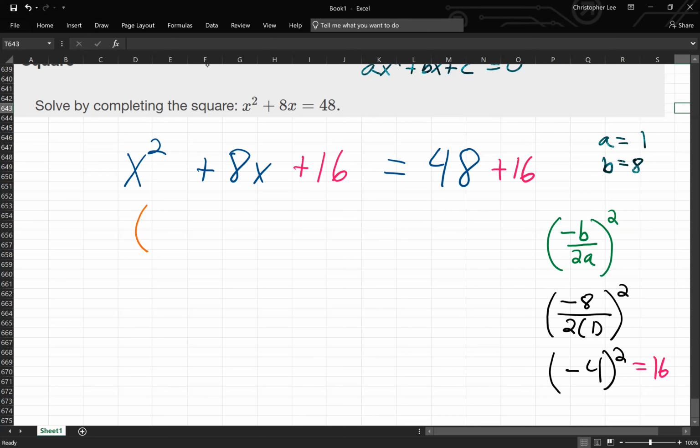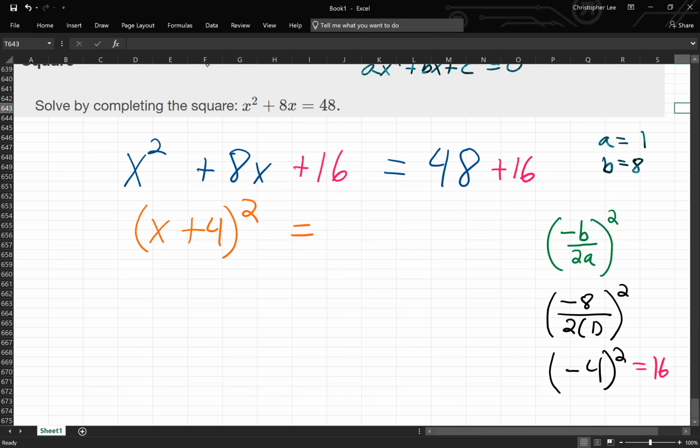X plus 4. Very good. But not just any x plus 4, x plus 4 squared, right? Reason being, 4 times 4 is 16. 4 plus 4 is 8. That's simple, right?